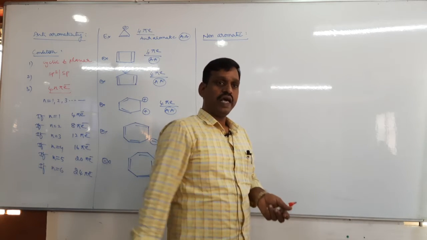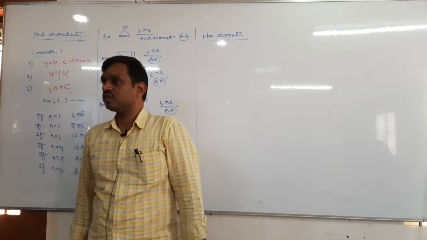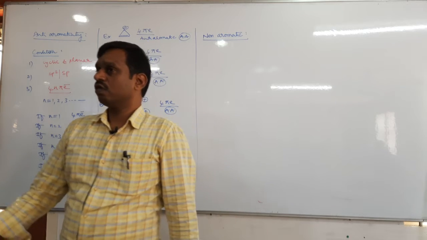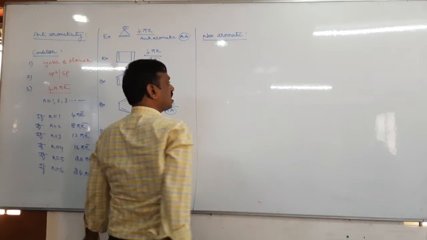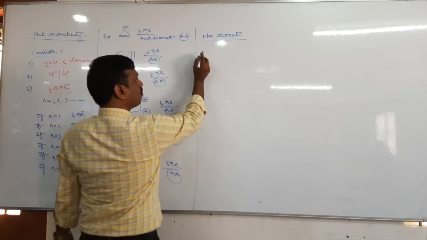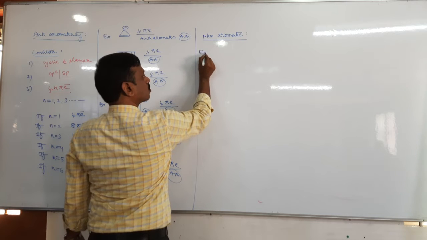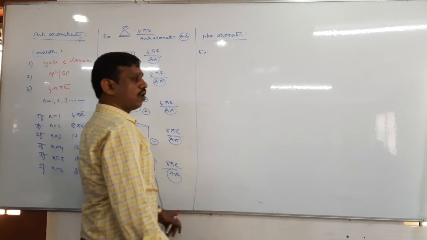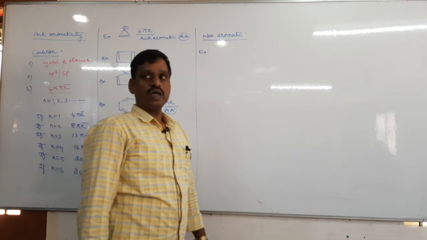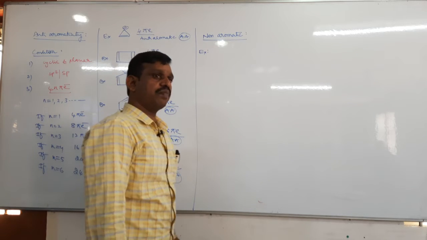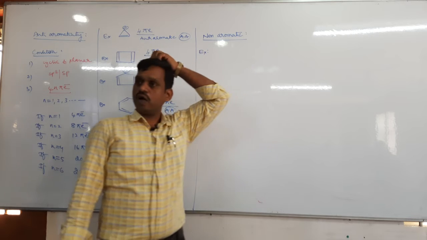Third one. A cyclic molecule which is not having planarity is called non-aromatic compound.